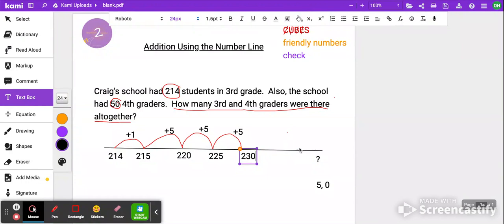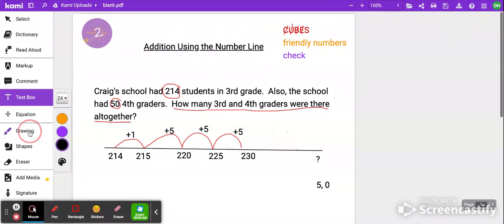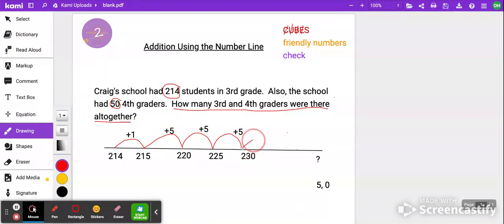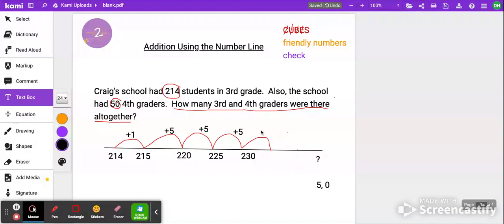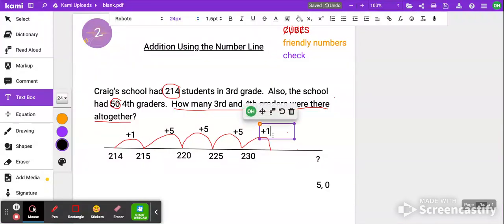Plus, I think we can all handle that. So I'm going to go ahead and I'm going to now add 10. I'll put the box up here and I'll say plus 10. So now if I'm at 230, my new number is going to be 240.